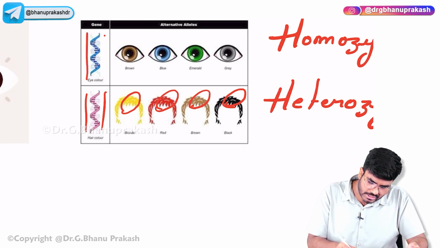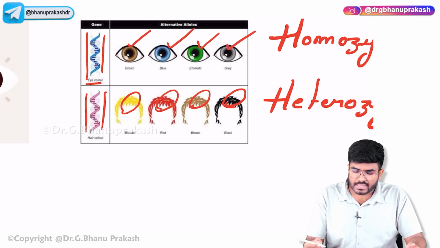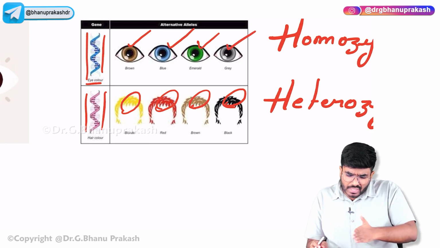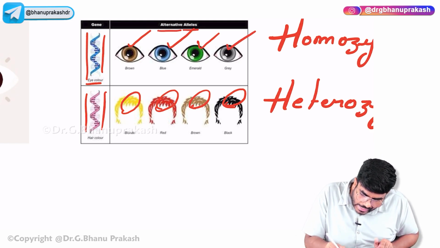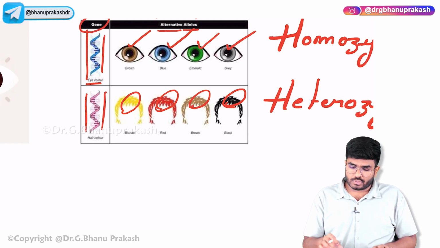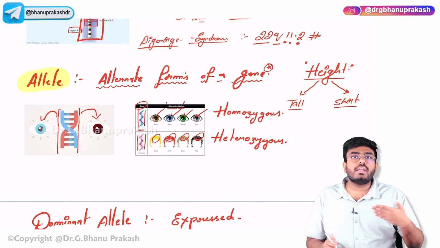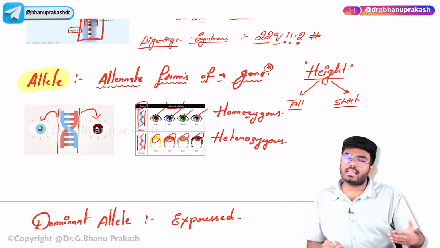Brown eyes, blue eyes, green eyes, grey eyes are all alleles. So now you know what an allele is: the alternate forms of a gene.